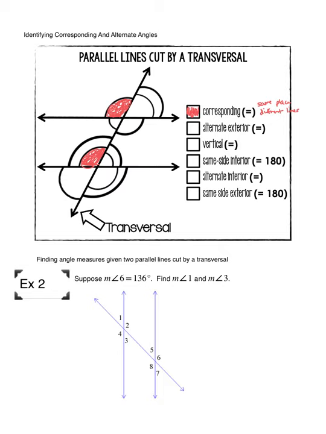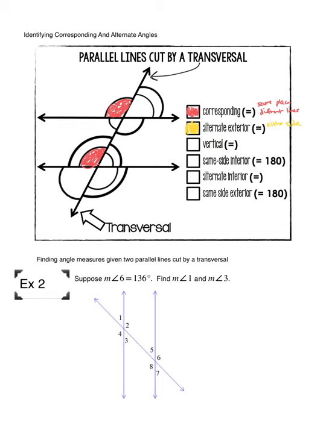All right, let's go to alternate exterior angles. Those are going to be yellow. They're also congruent. Alternate means either side of the transversal. Now the transversal is the line that goes through the parallel lines.